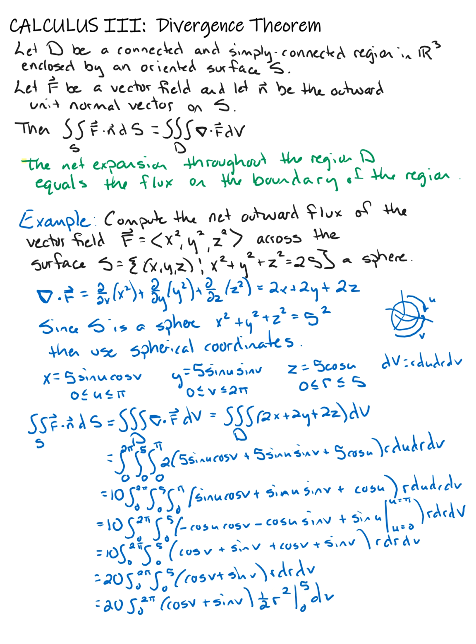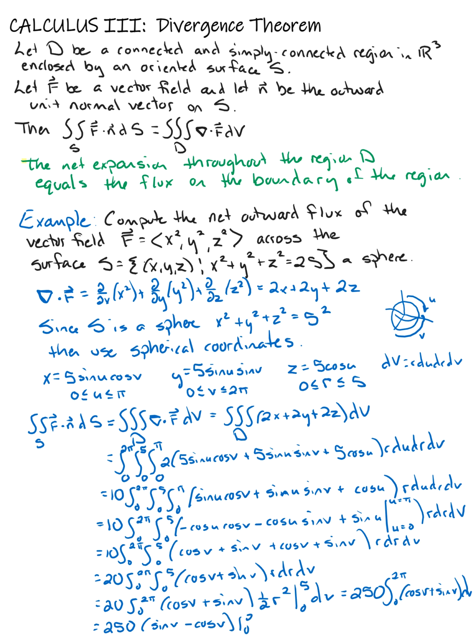What you end up with is 25 times 10, or 250 times the integral from 0 to 2 pi of cosine v plus sine v dv. And that's not so bad. That gives us 250 times, integrating cosine v, we get sine. Integrating sine, we get negative cosine. So it ends up being a subtraction.